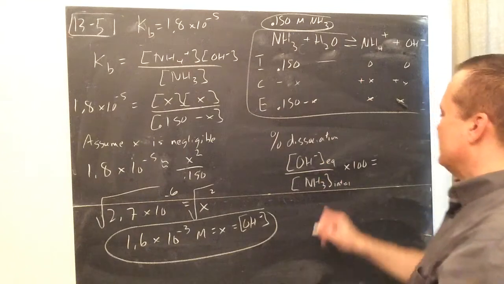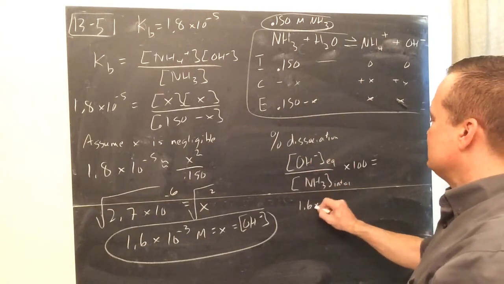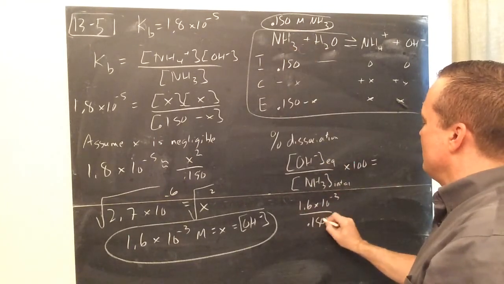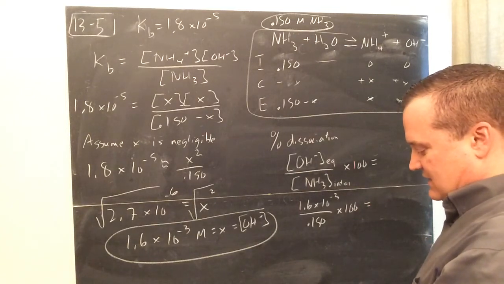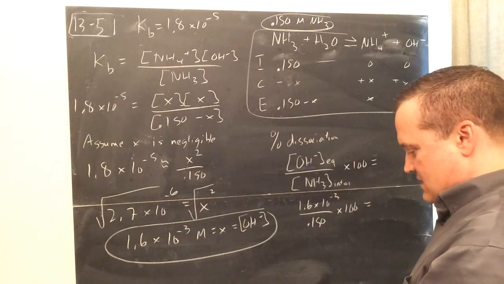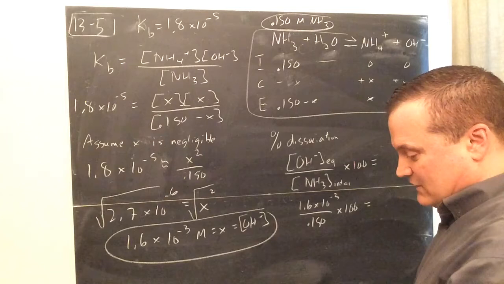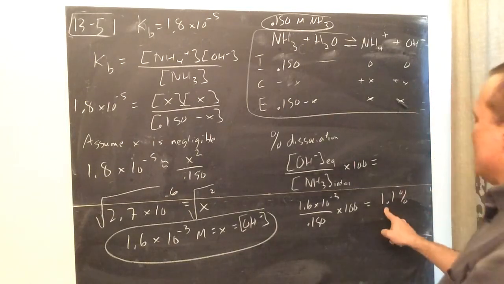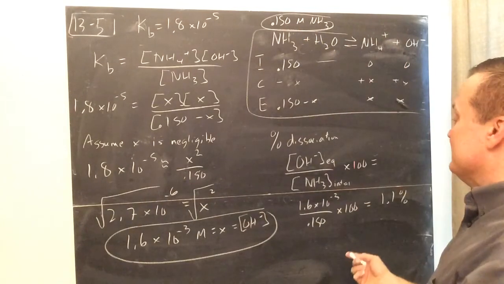So if I plug that in, OH was 1.6 × 10^-3 divided by 0.150 times 100, which is 1.1%. Very small. Only 1.1% of that breaks up. That's why it's called a weak base.